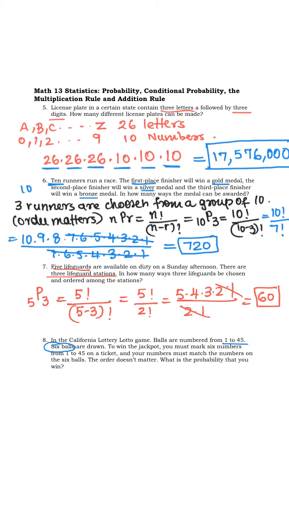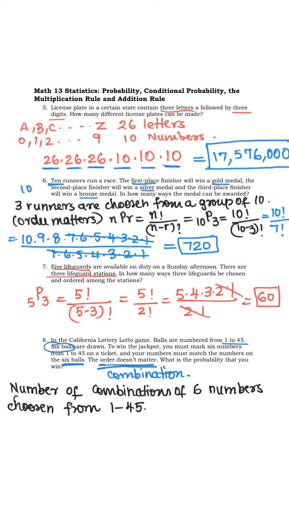The order doesn't matter here, so it is a combination. So there are 45 numbers and we need to choose 6 from that. So the number of combinations of 6 numbers chosen from 1 to 45 is 45C6.